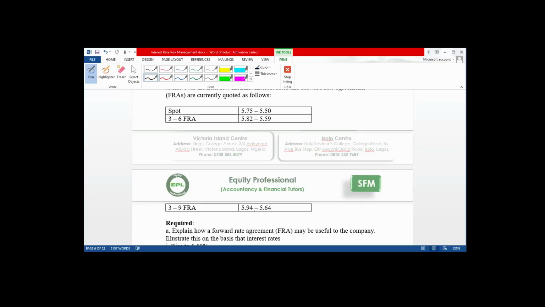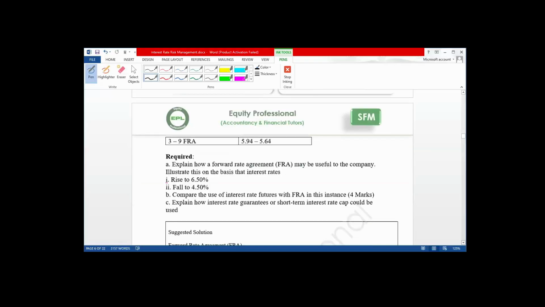The forward rate agreement may lead to compensation paid or compensation received if the actual interest rate is lower or higher than the franc rate. This can be illustrated below. Look at the explanation.